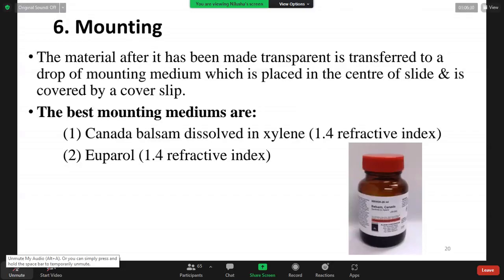Anyone in your class can explain? Stitch the specimens using gum or sellotape. Okay.